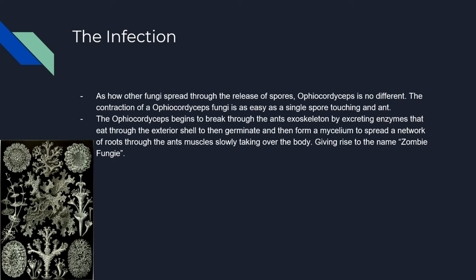The contraction of this fungi is as easy as a spore falling on an ant's body or an ant stepping on it while it's walking. The Ophiocordyceps begins to break through the ant's exoskeleton by excreting a certain kind of enzyme that will eat through the exterior shell to then germinate and form a mycelium that will spread a network of roots through the ant's muscles, slowly taking over the body. And this is where it actually gets its name as the zombie fungi.